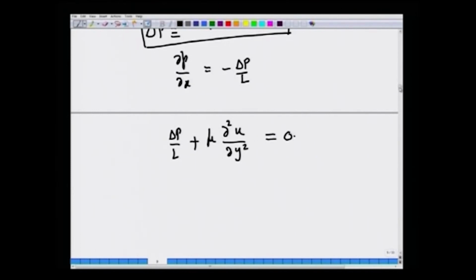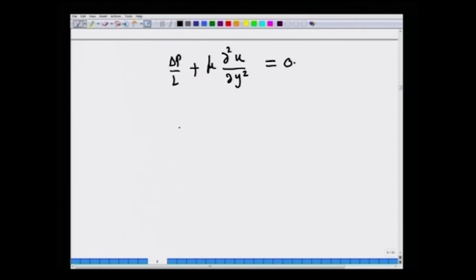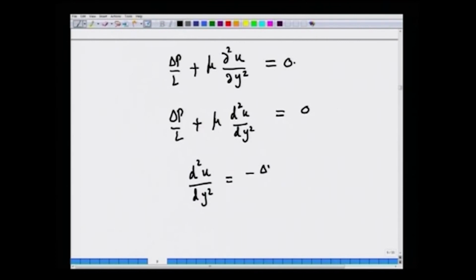Okay. So, we can solve this in the following way. Now, I can of course, without loss of generality, write the partial differential with respect to y as an ordinary differential equation, because u is a function only of y. So, I can solve this by taking this to the other side, d squared u by dy squared is minus del p by mu L. Okay.